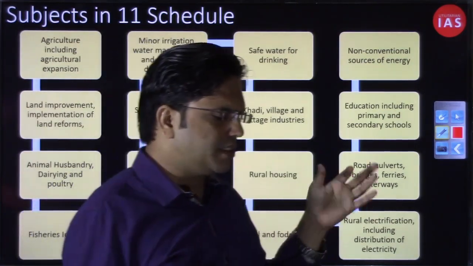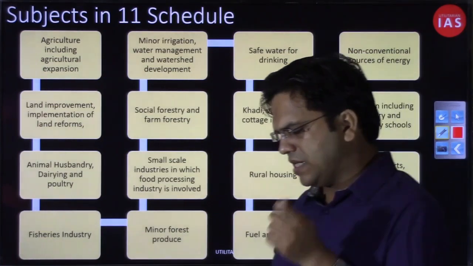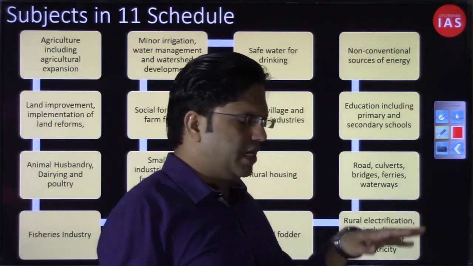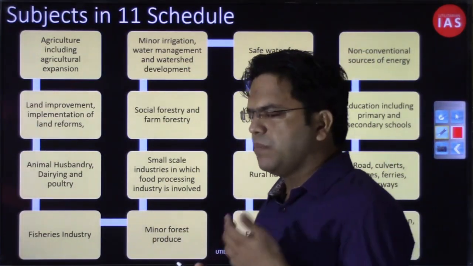Along with those items there are others like rural housing, animal husbandry, dairy, poultry, or traditional energy sources. All these functions were being performed by the state.